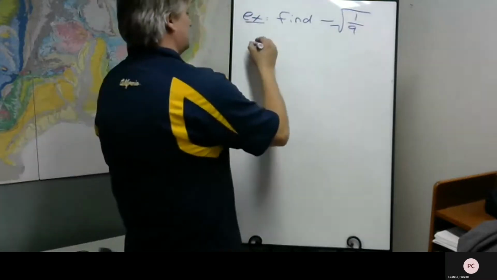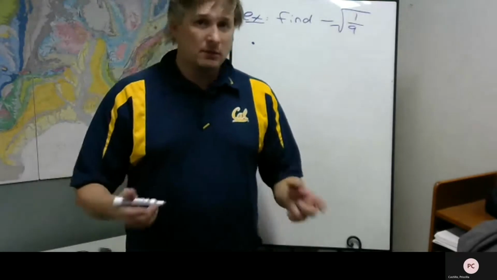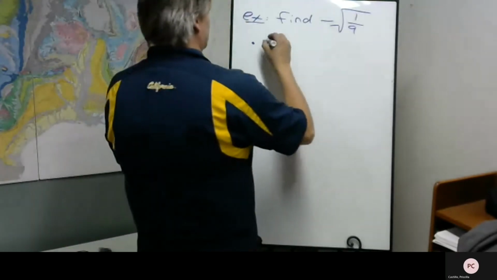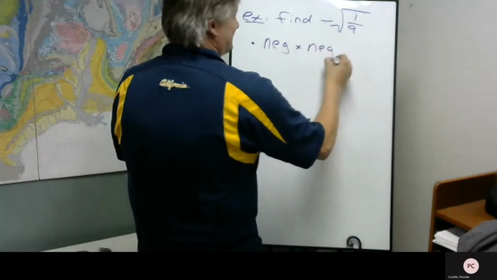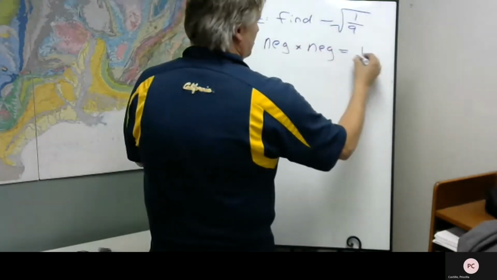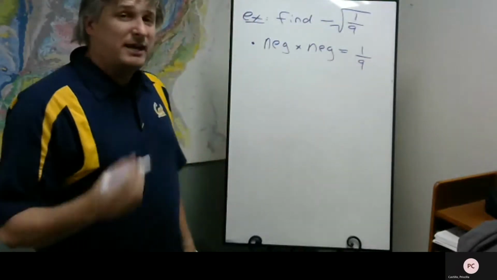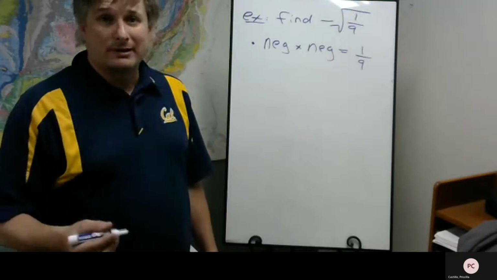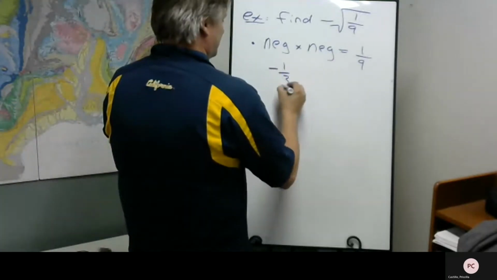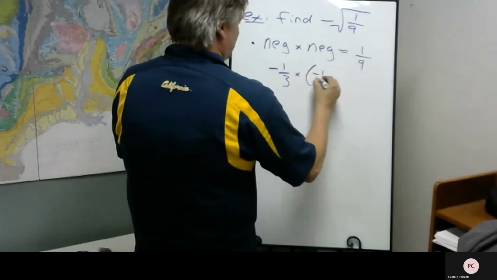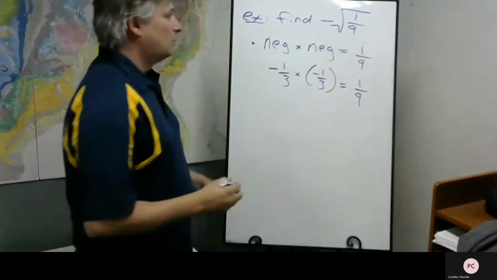One, you want to find a negative number times itself that equals 1/9. So there's a negative times that same negative is equal to 1/9. Now, what negative number times itself gives you 1/9? Well, negative 1/3 times negative 1/3 equals 1/9.